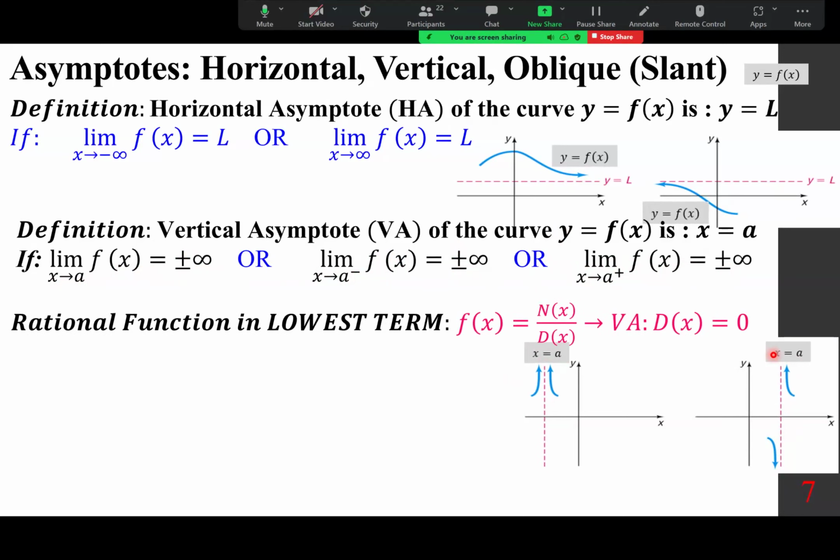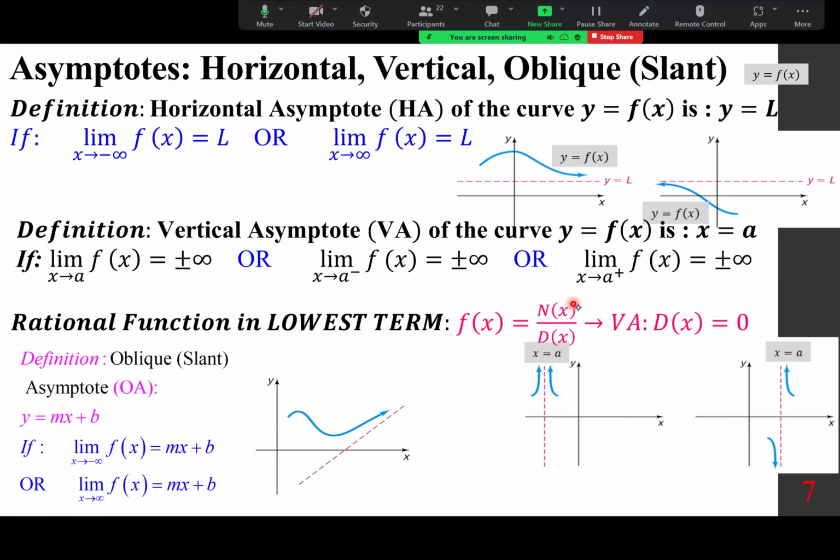And finally, of course, if the function is in lowest terms, all you have to do is set the denominator equal to 0 and find its vertical asymptote. First, you make sure if there's a common factor, you drop it between the two. Slant or oblique asymptote, OA or SA for that matter.